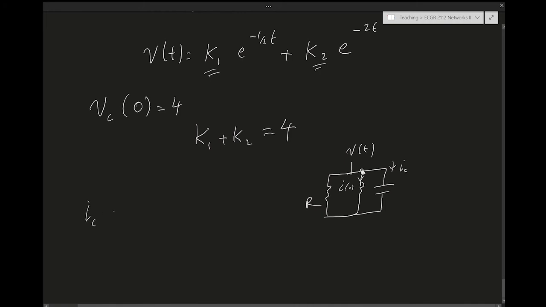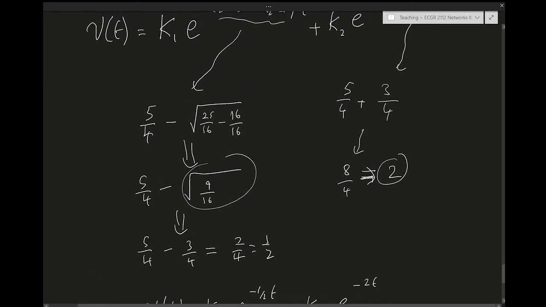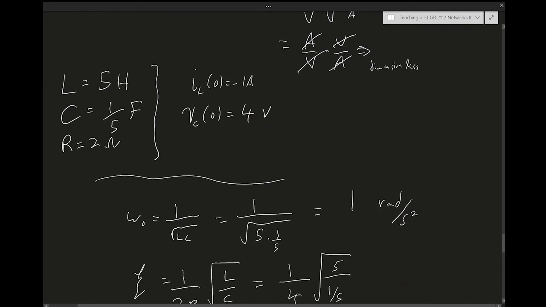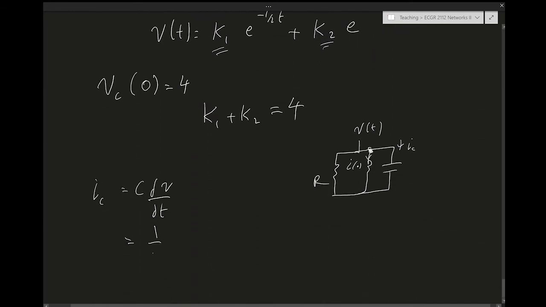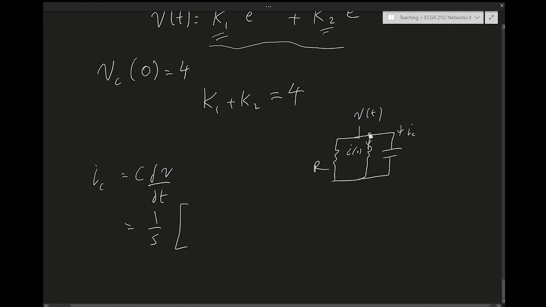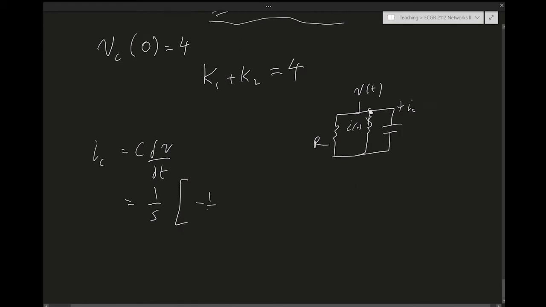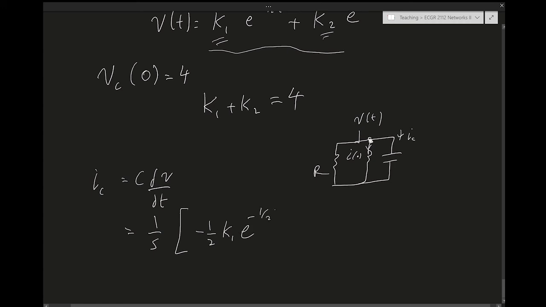So IC is going to just be C dV by dt, right? So that tells me that IC is going to be, and what is C? C is, in this case, 1 over 5. So this is going to be equal 1 over 5. And then what's dV by dt? It's this expression. We just have to differentiate it. So we end up with minus half K1 e^(-t/2). This is how we differentiate an exponential.